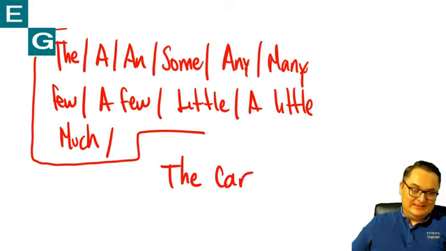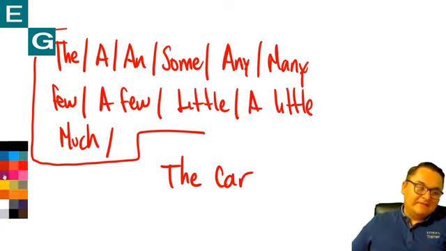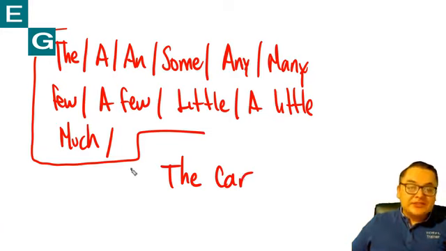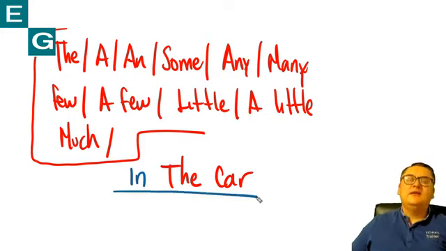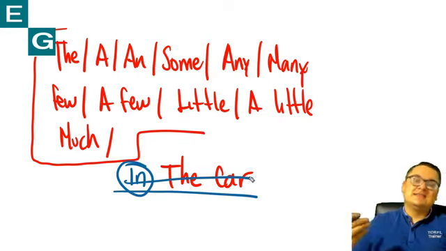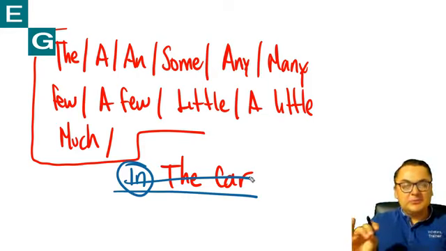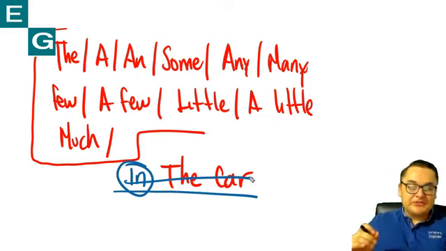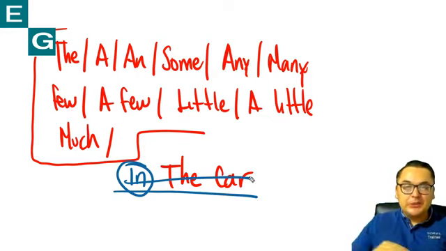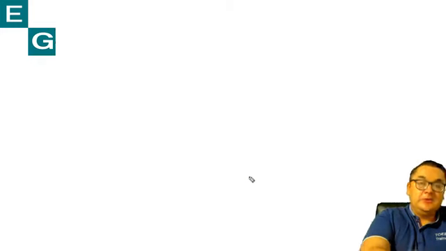But if I have a preposition like in the car, this preposition kills the noun. This preposition is not what I'm looking for. This preposition has to be ruled out. And this is what we're going to continue to do here. So, let's see.